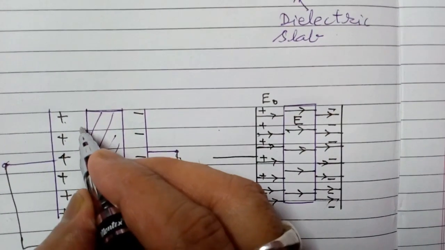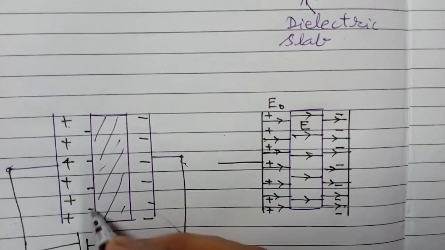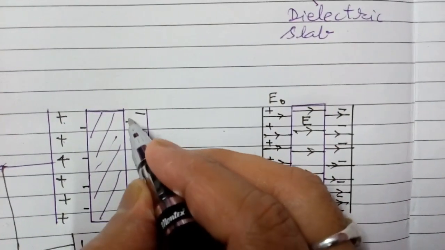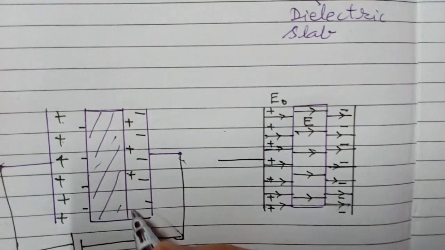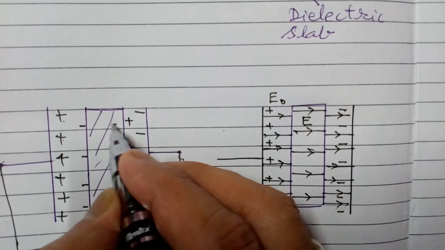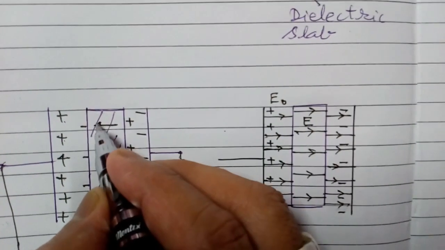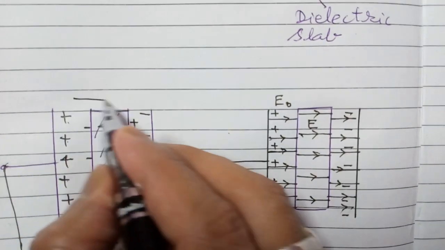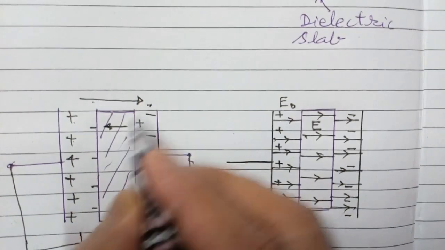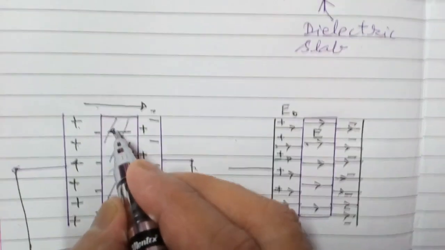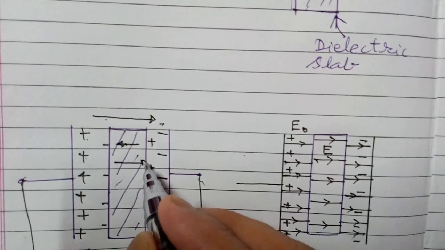There is polarized charge, this minus, which may be called as induced charge also, this plus. So field due to this inside this dielectric is from here to here, and external field is from first plate to second plate. So net field, this is field due to dielectric, but direction of net field is like this.